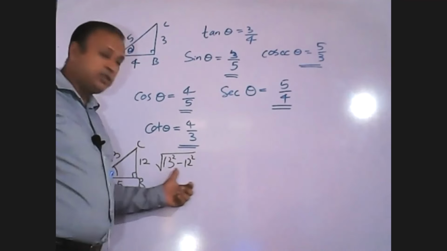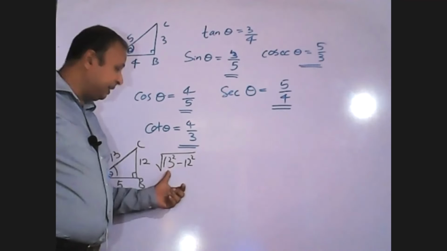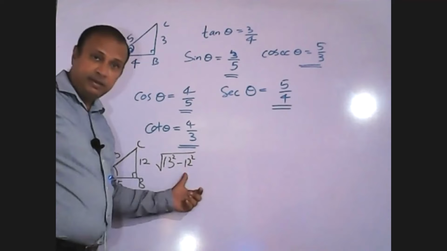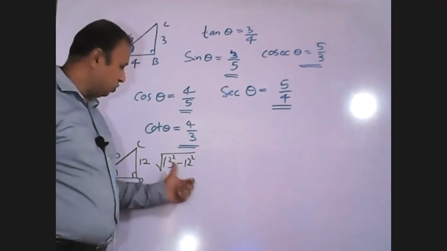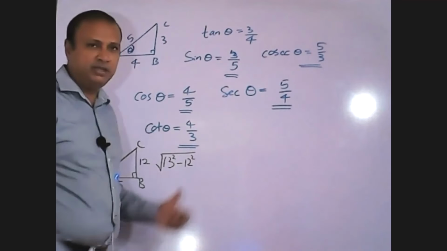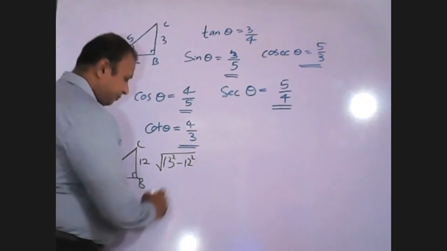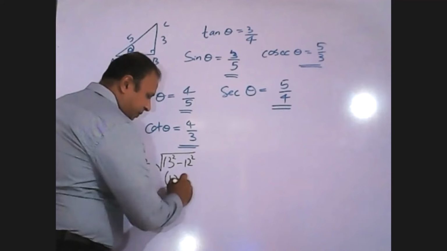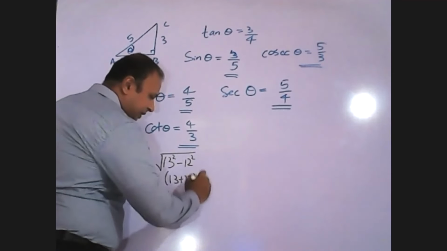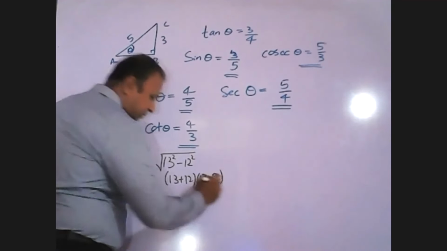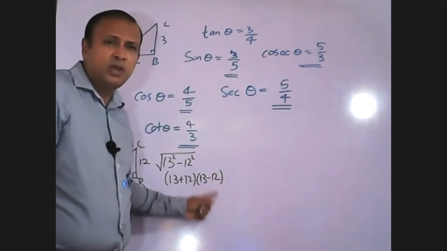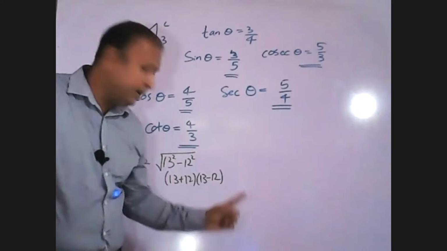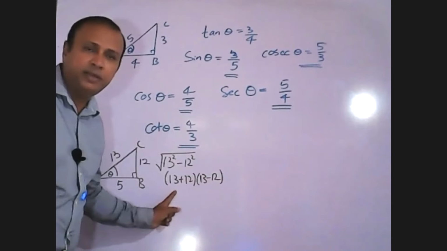So difference of squares means 13 plus 12 into 13 minus 12. 13 minus 12 is 1, so 1 into anything is that thing.